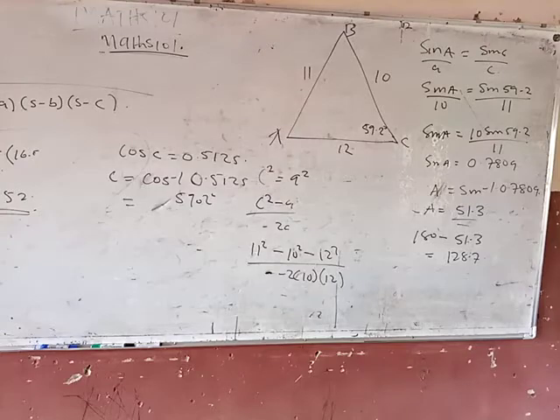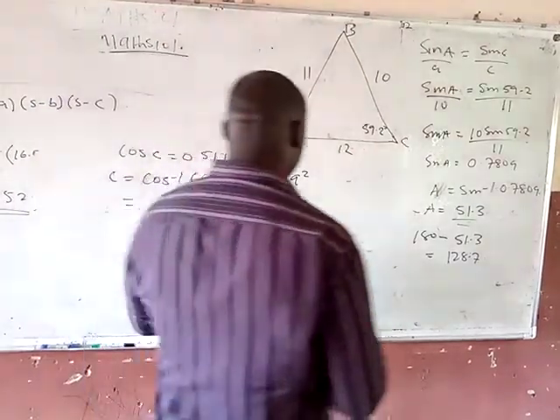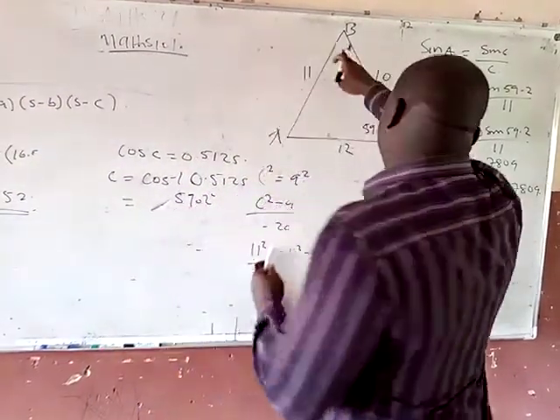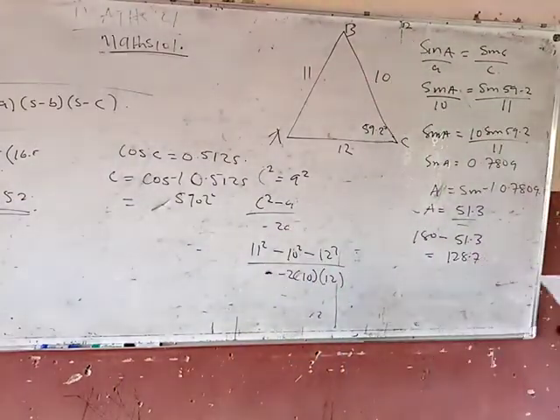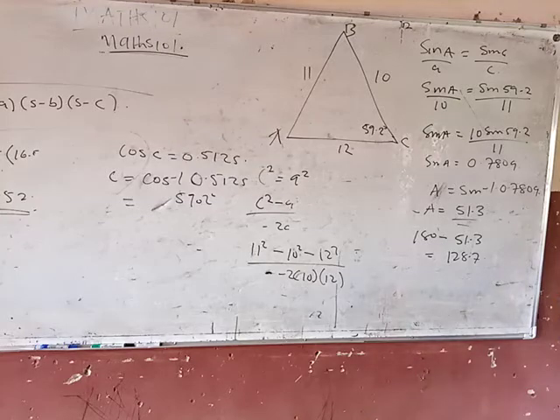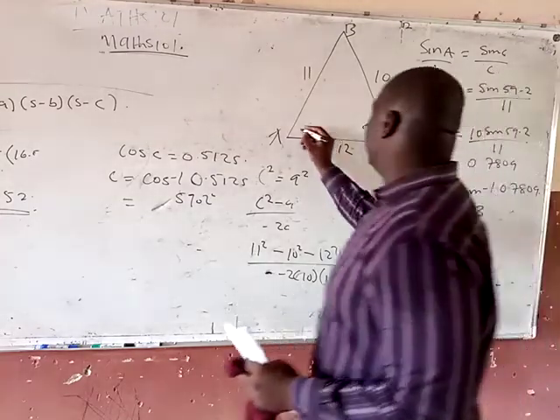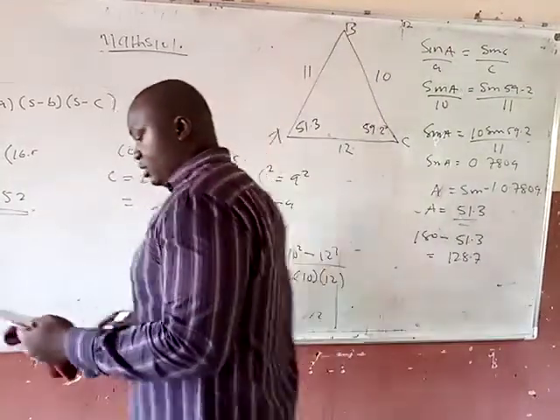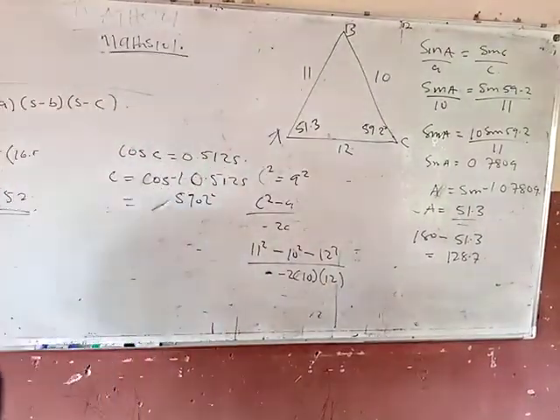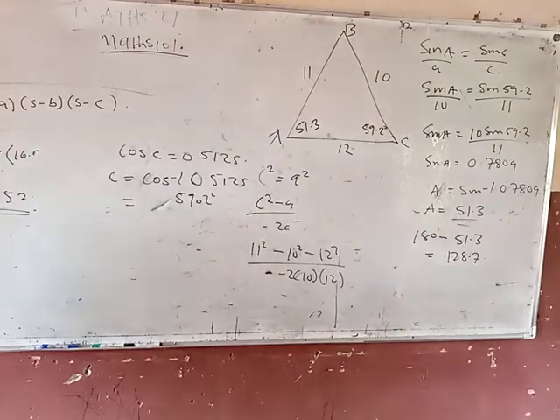Are you with me? Good. So if it has one solution, here I'm just going to insert my A to be 51.3. So if my A is 51.3, I can calculate sine of B. So do that one very well, please.